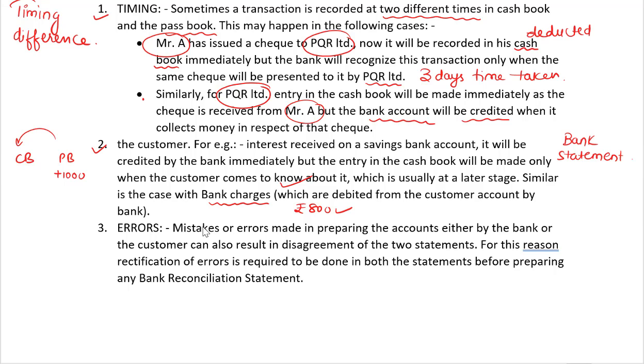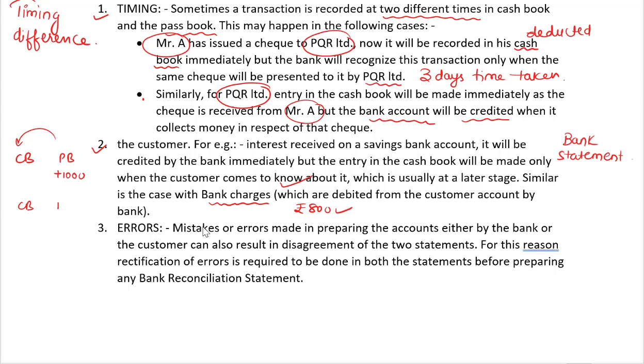The banker will deduct this amount from your bank account and will not inform you at all, because they will put the entry in the passbook. So whenever you take a printout of the passbook or bank statement, you will come to know that the bank has taken this 800 rupees from you as bank charges for issuance of a new debit or credit card. I believe you understood, and that is why there would be a difference.